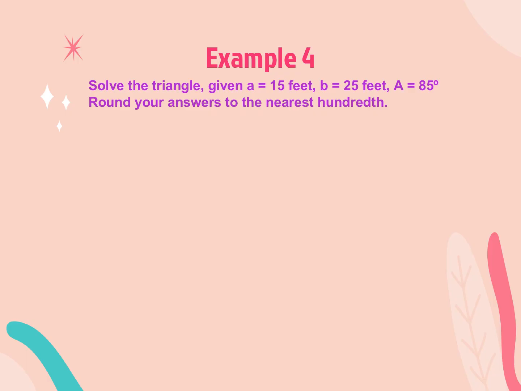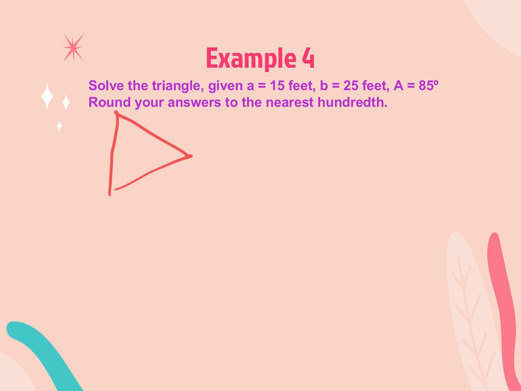For the next one, I'm going to go ahead and try to draw my triangle. What's going to happen here is if I try to draw an 85-degree angle, it's not going to fit. Now, if you want to go ahead and just draw the whole triangle, you can, but it's actually not going to close up.